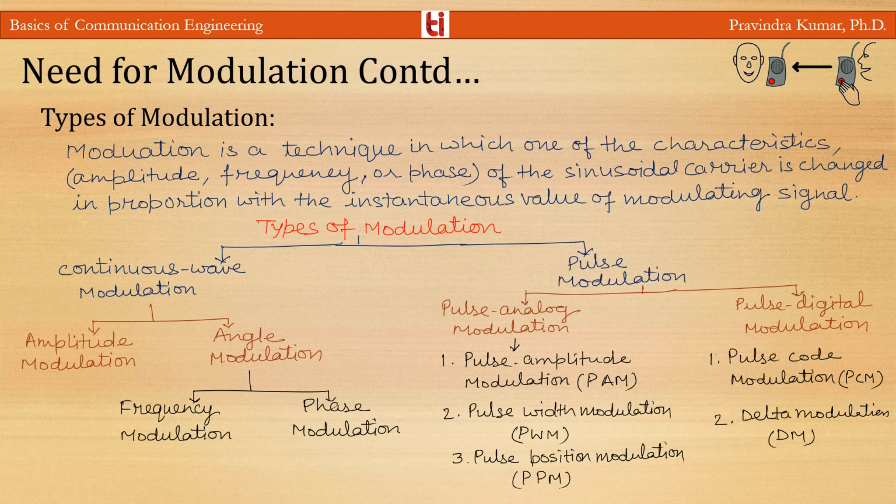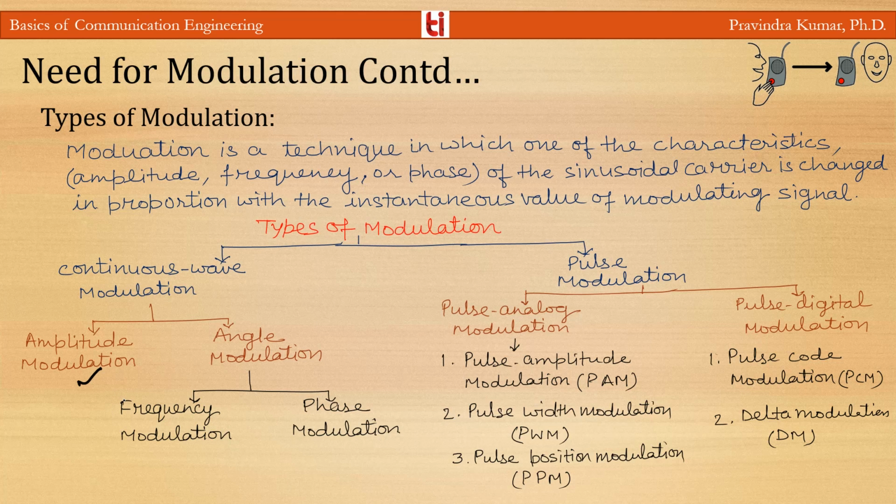In continuous wave modulation, if the amplitude of the high frequency carrier is varied in accordance with the instantaneous amplitude of the baseband signal, keeping its frequency and phase constant, then such a technique is known as amplitude modulation.